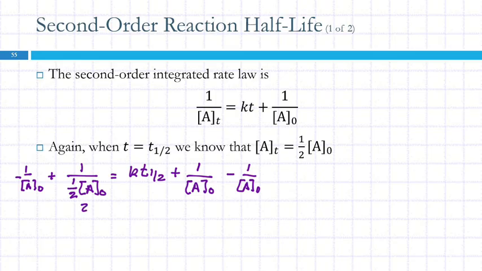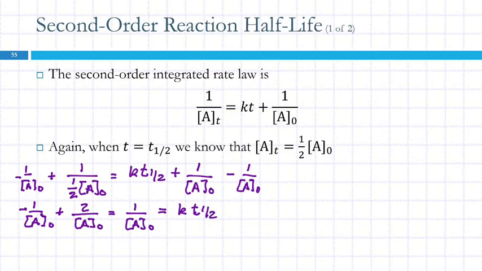So we could write this as 2/A0. So that gives me 1/A0 = K T1/2. So the half-life is equal to 1 over the rate constant times A0.